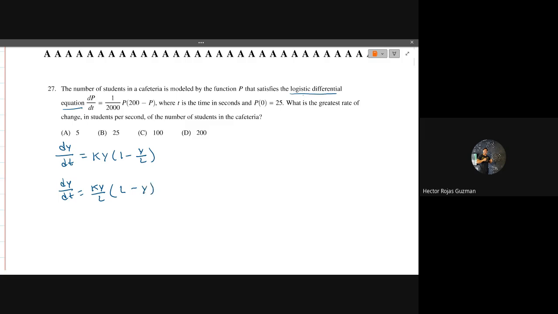A logistic differential equation has this general shape right here, where the maximum value is called the limiting capacity.